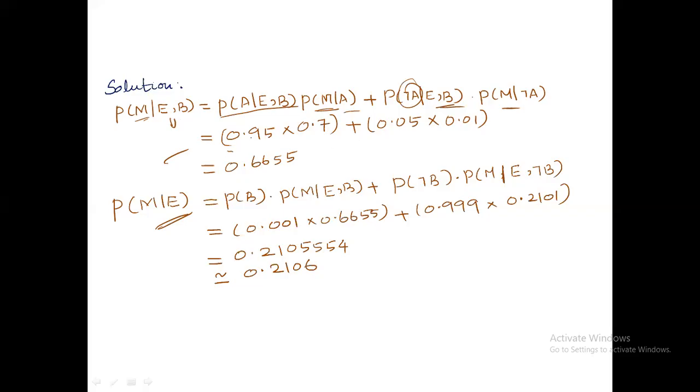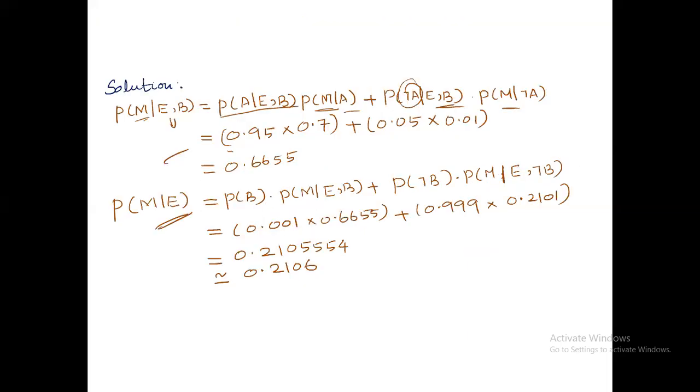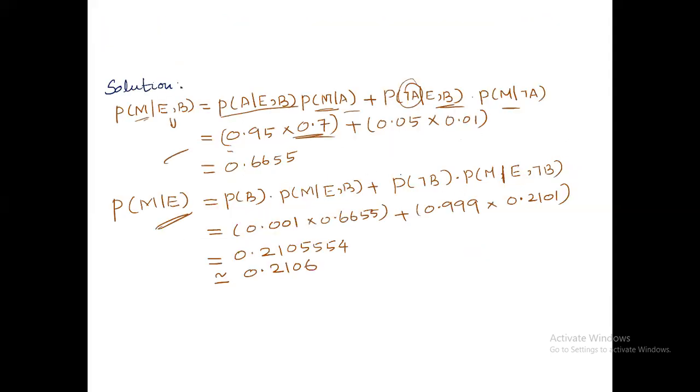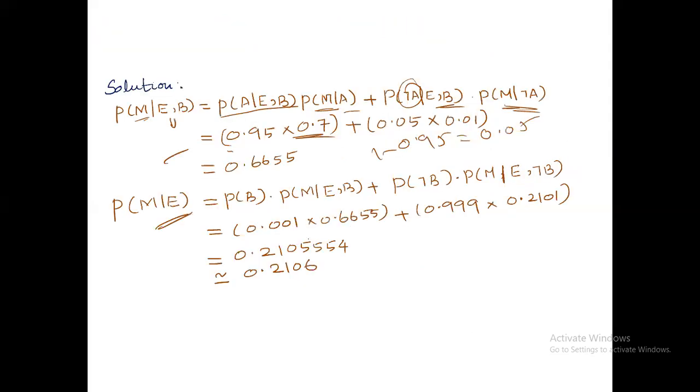So substituting E comma B, alarm rings, the value is 0.95 into Mary calls, this value 0.70, and for A bar given E comma B we subtract from 1: 1 minus 0.95 is 0.05, and Mary calls when the alarm is not ringing, this value 0.1.